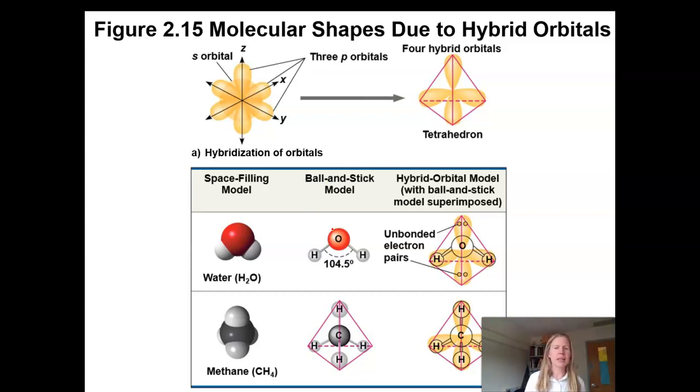The only one you really should worry about at this point is water. When we look at a water molecule, look at this. 180 is a flat line, right? Here would be 180. They've measured the angle that the hydrogens come off the oxygen, and we know it as precisely 104.5 degrees.